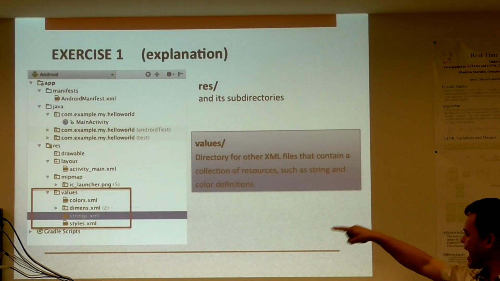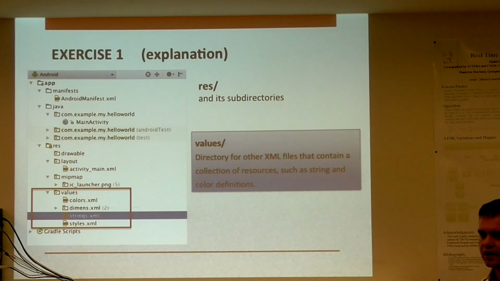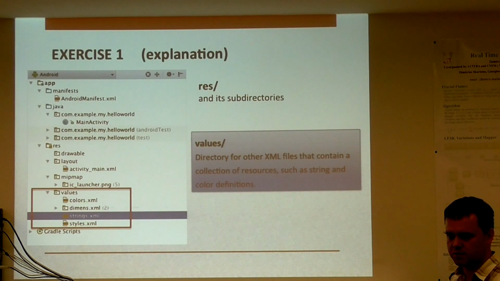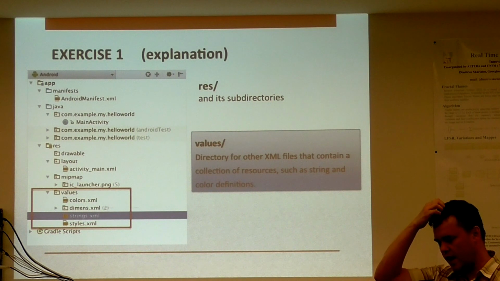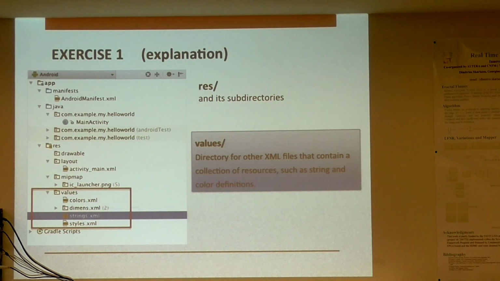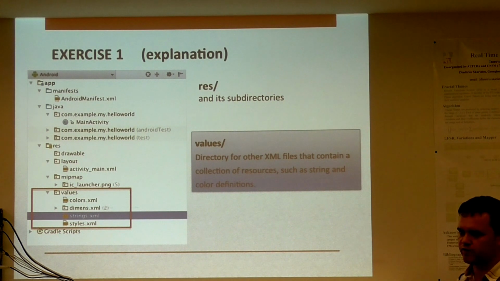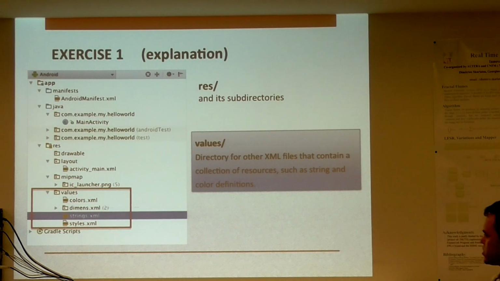We access the strings.xml file and look for it. It is like a definition of a final string field. Okay, so we can put it here because there are some labels. Because it's a graphical application, you can put some labels just into this file and create the definition for that.